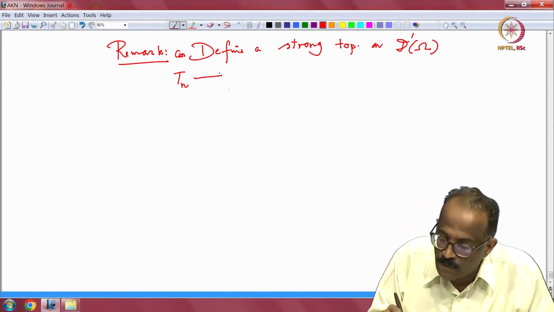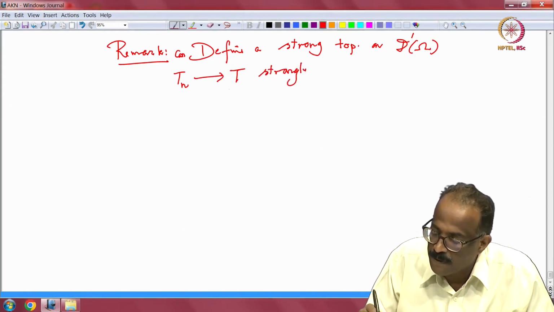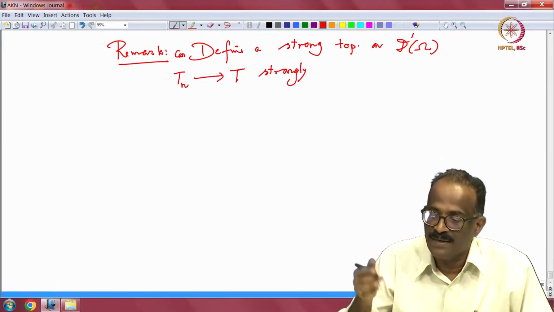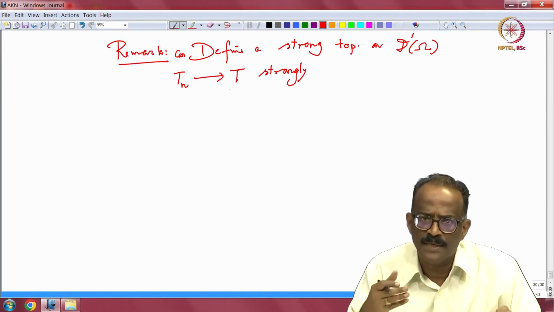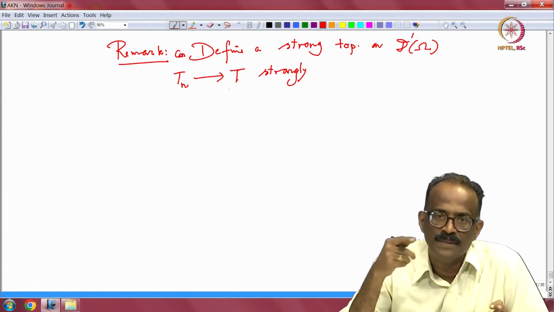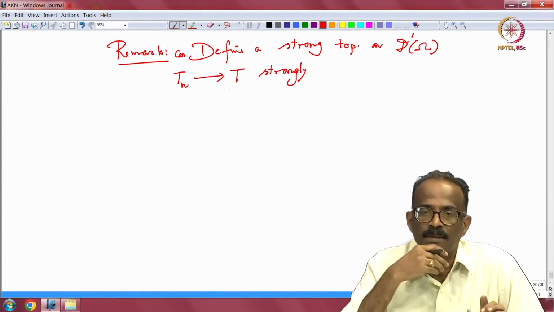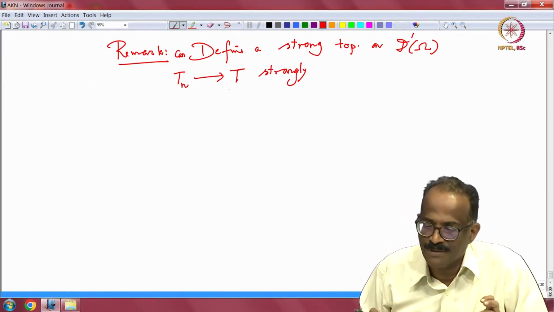T n converges to T strongly on D prime of omega, this is a definition. This is an equivalent thing. You can define it using polar sets, which are convex balanced sets. If you want to get into all those topological concepts, you can refer to books like Rudin, on how to define it via locally convex topology.